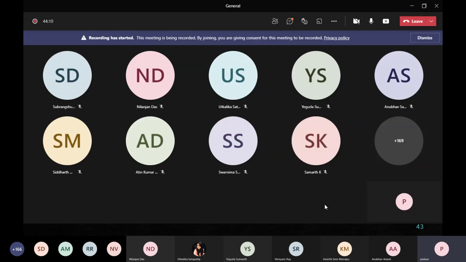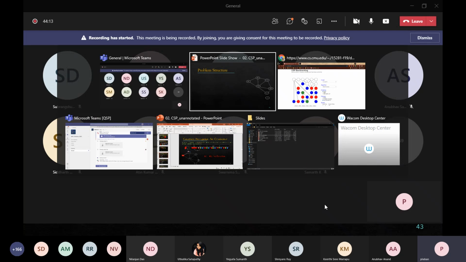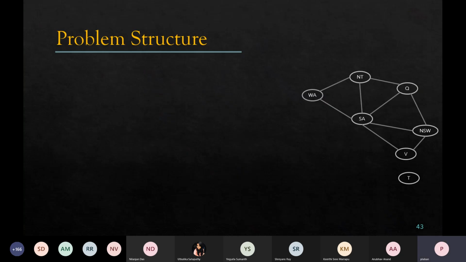While you are trying to assign values to them, of course the assignment should be satisfying. So does anything strike you looking at the problem structure? And that relates to assignment of the colors. So let me answer it for you.